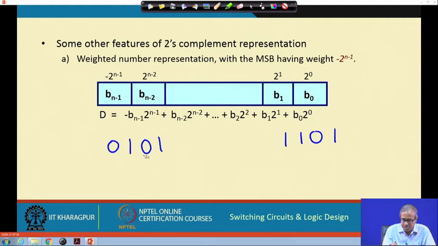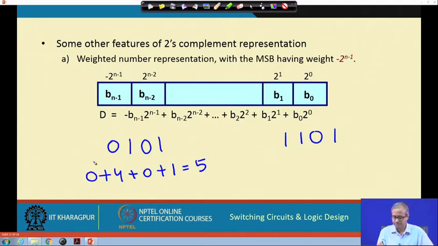So, when I talk about 0101, 0 multiplied by anything is 0. So, the value will be 0 plus 4 plus again 0 plus 1, which is 5. 2 to the power 0, 2 to the power 1, 2 to the power 2, 2 to the power 3. But here, because the most significant bit is 1, it will be minus 8 plus 4, 0 is 0, plus 1. So, this comes to minus 3.